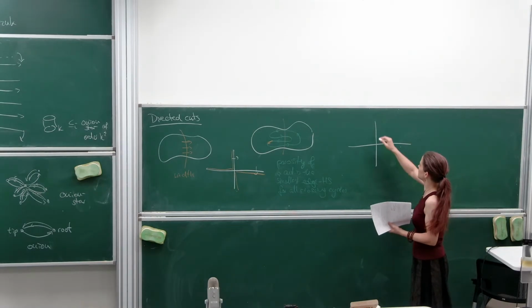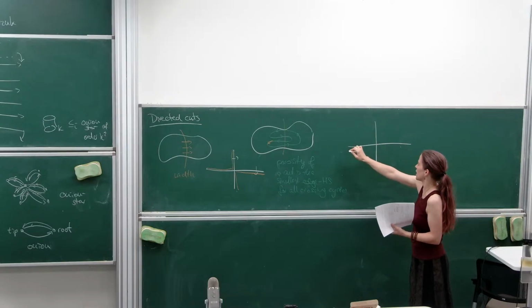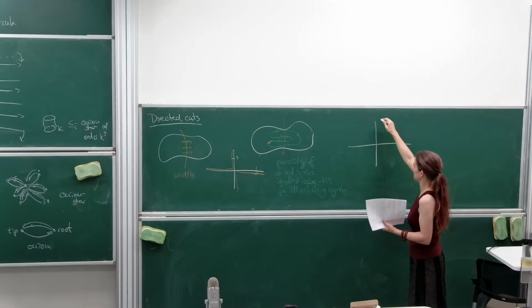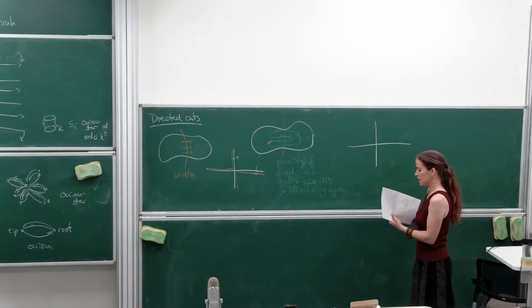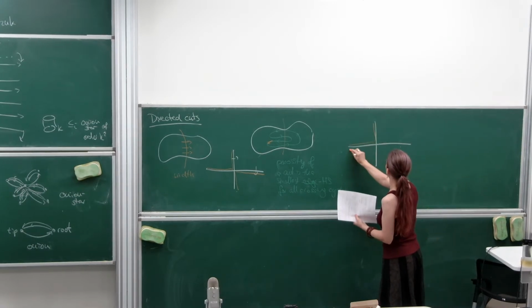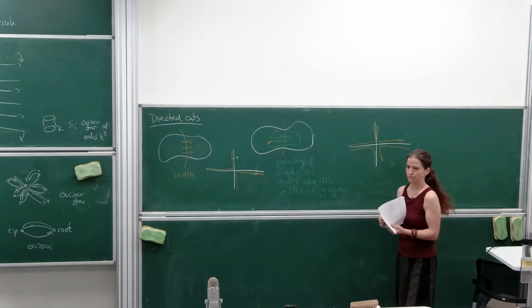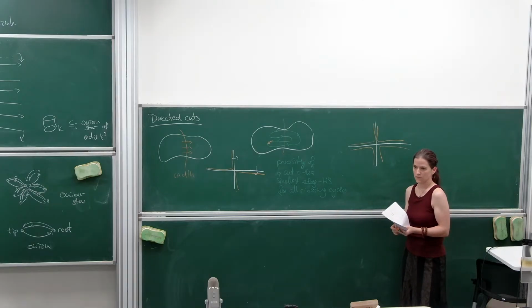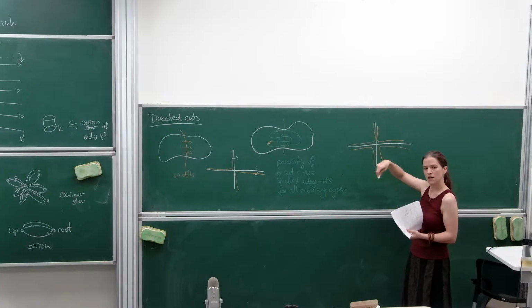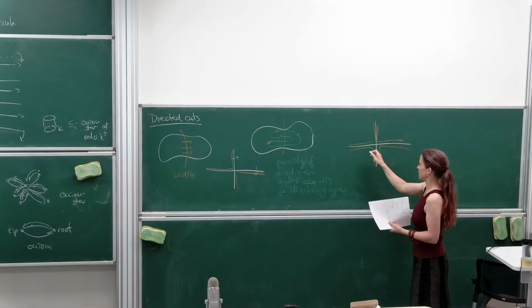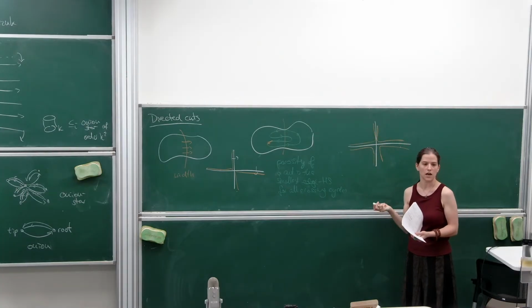If this has width k and this has width k, and these are smallest cuts, then still this can be of size 2k and I can't do anything about it. But this now holds for all four sides. Both of these cuts being small, all four cuts that I can get from uncrossing are also still small.